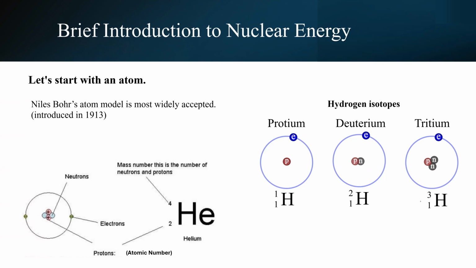On the right-hand side, you have hydrogen, and we have what are called isotopes. It is basically the number of neutrons. It affects the isotopes. So for hydrogen, protium, if you add 1 neutron, it becomes deuterium. As you know, hydrogen combined with oxygen gives you water.